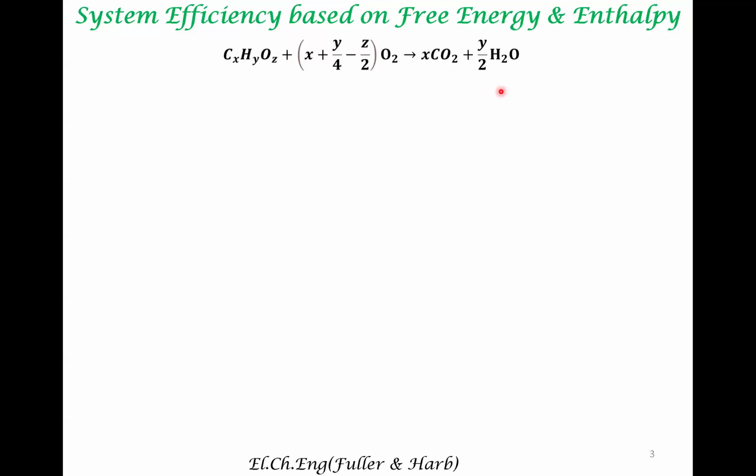So in a fuel cell, you get an electrical output, and there's an electrical work associated with that electrical output. We have already seen the meaning of this formula, delta G is equal to minus nFE. This is the electrical work that can be obtained.